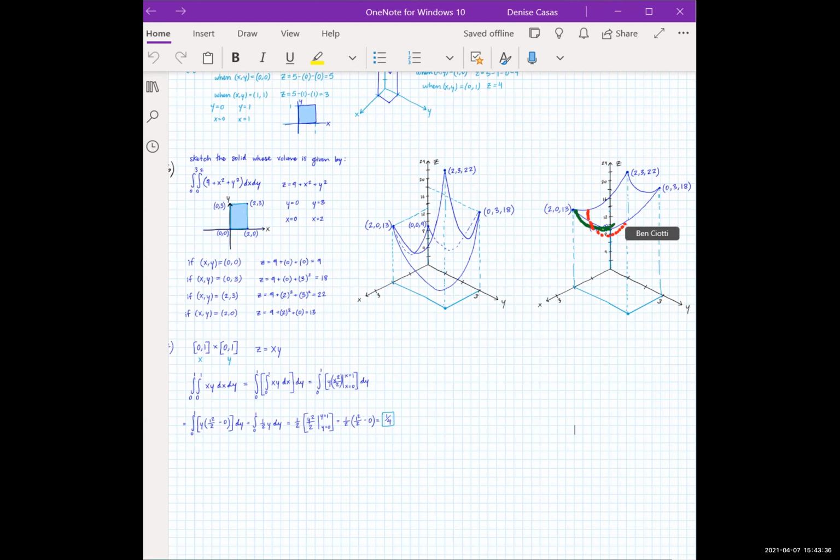It's hard to draw. It's supposed to do something like that. But it's like a piece of a parabola. Okay, that makes sense. And you could similarly do cross sections where you fix a value of x. But what you did is fine. Okay, thank you.